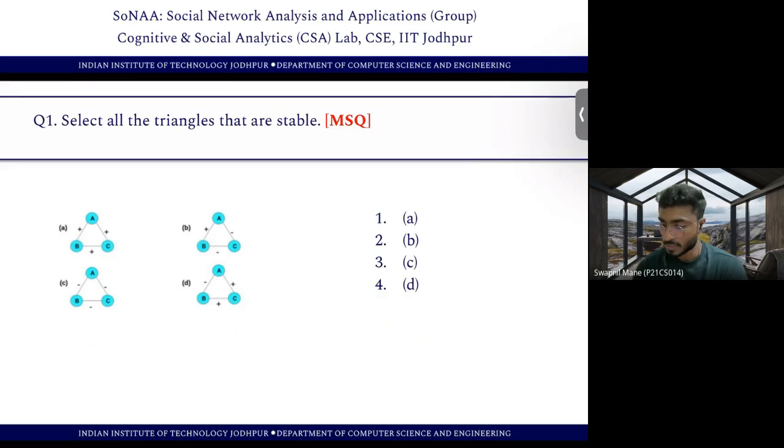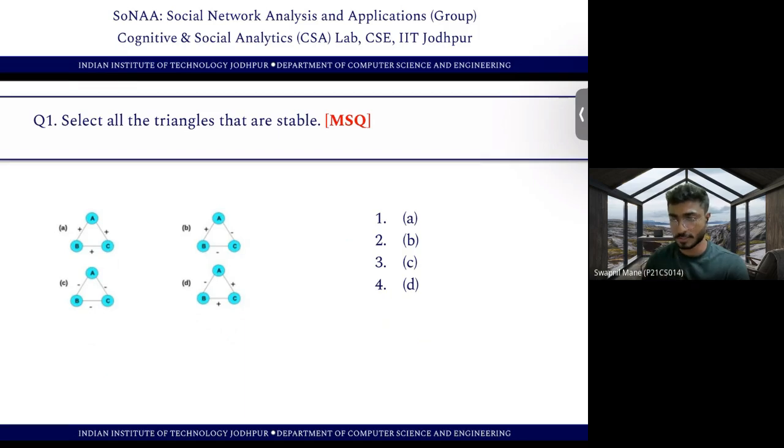There are four options given, A, B, C, D. In each option, a triangle or triadic graph is given. We have to evaluate whether each triad is balanced and stable or not, based on the relationships, friendship and enmity. If there is a positive edge, there is a close friendship between them.